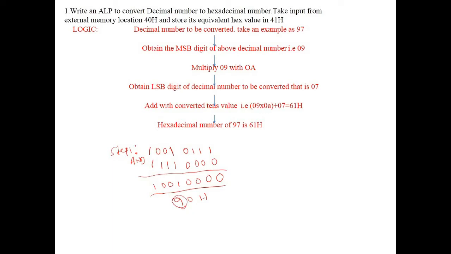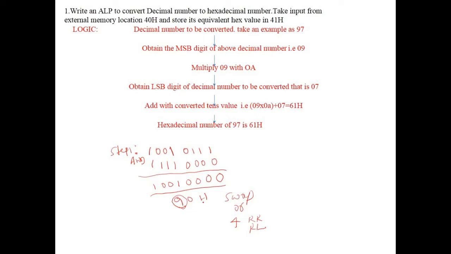This can be obtained by swapping the lower nibble and the higher nibble using the swap instruction, or by using the rotate instruction. Instead of swap, if we rotate 4 times, either rotate left or rotate right, we can obtain the 9.